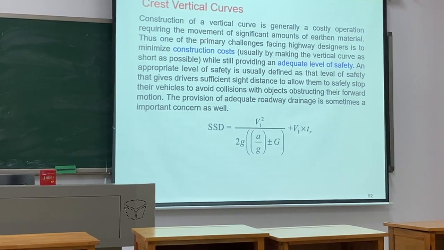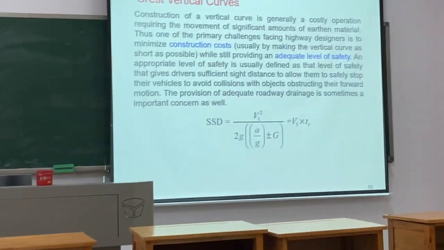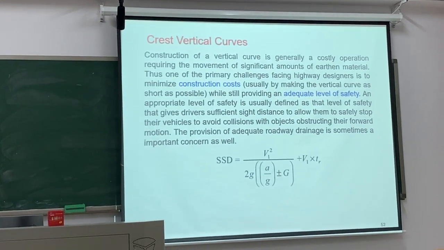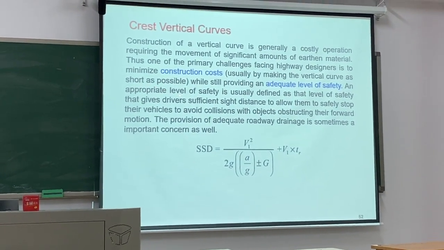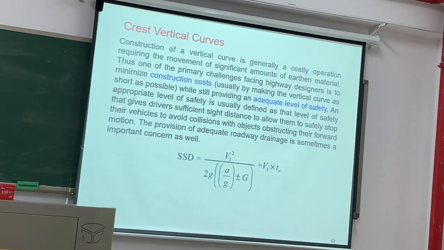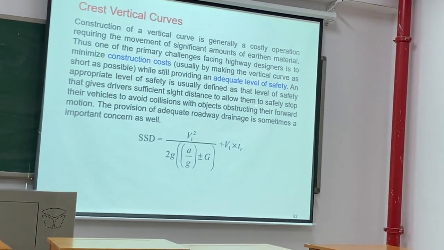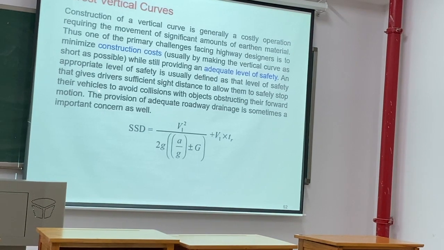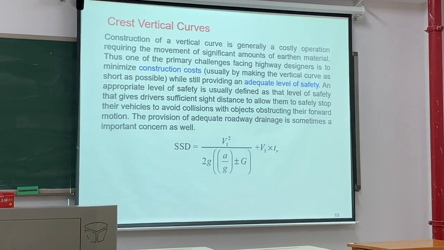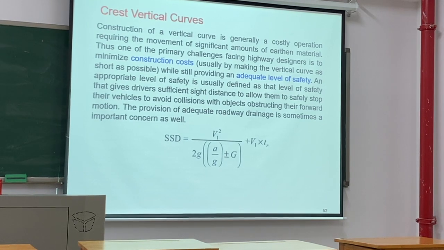So we should consider construction costs and provide an adequate level of safety. An appropriate level of safety is usually defined as that level of safety that gives drivers sufficient sight distance to allow them to safely stop their vehicle to avoid collisions with objects obstructing their forward motion.